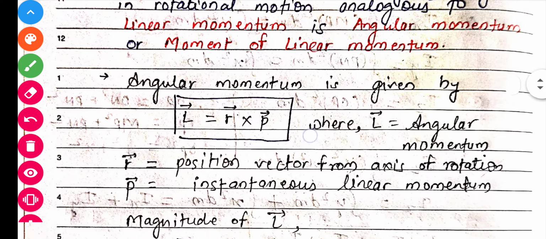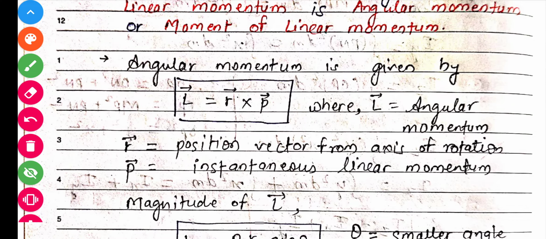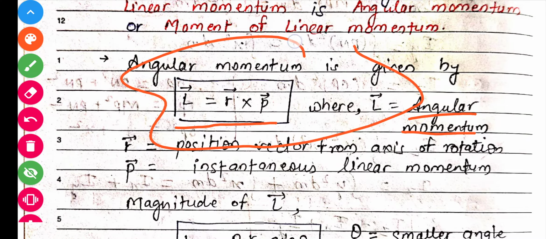So basically we are going to talk about the relationship between angular momentum and linear momentum. In general, it is shown as vector L equals r cross p, where vector L is nothing but angular momentum. That is the notation for angular momentum. Suppose a body is rotating around the axis of rotation, and a particle, some small element of mass, is there.